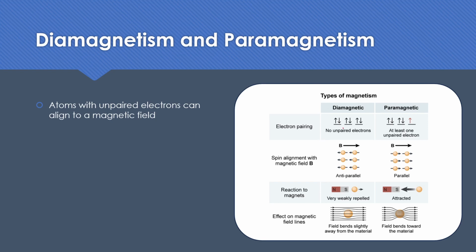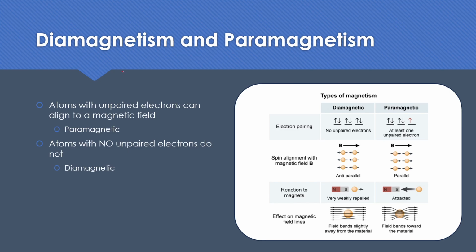Okay, so if you have at least one unpaired electron, and the maximum number possible would be 7, you are considered paramagnetic, and you are attracted to a magnetic field. If you have 0 unpaired electrons, then you are diamagnetic, and you are not attracted to a magnetic field.